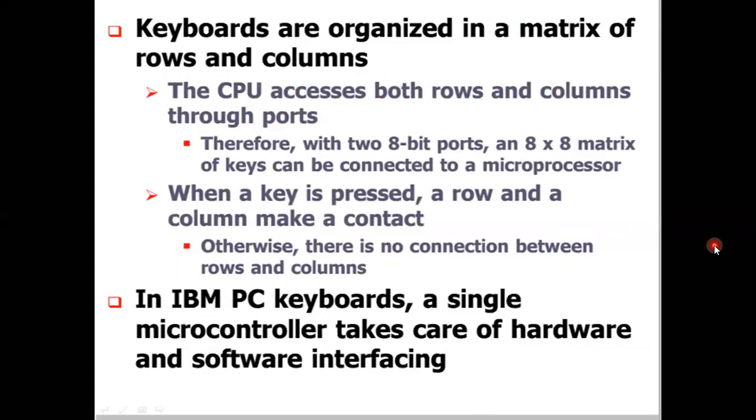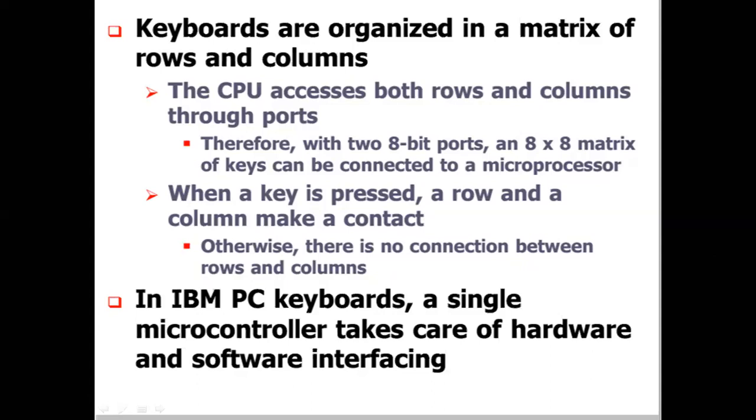Keyboards are organized in a matrix of rows and columns. The CPU, or our microcontroller, will access both rows and columns through I/O ports. Suppose with 8 ports, it can access up to an 8 cross 8 matrix.